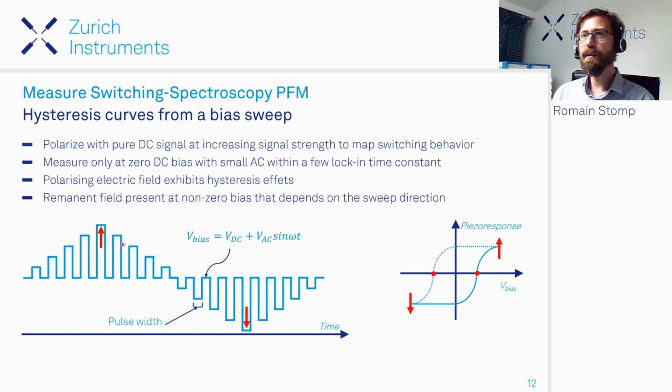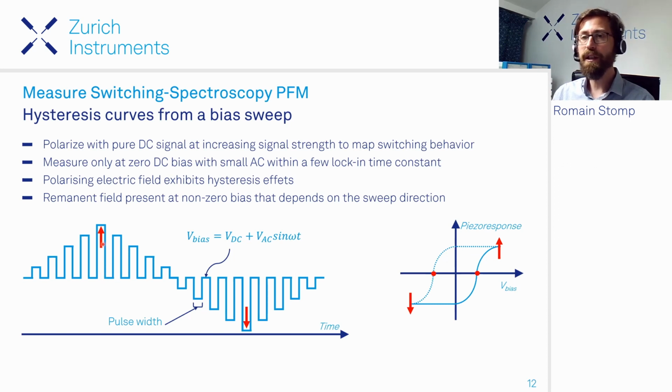So now let's move to the last section of these tutorials, which is about switching spectroscopy PFM. The reason we picked this example with this PZT is that to some extent it looks a little bit like a pump probe experiment.